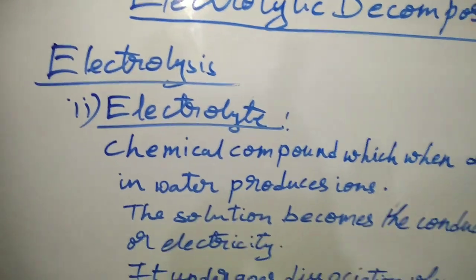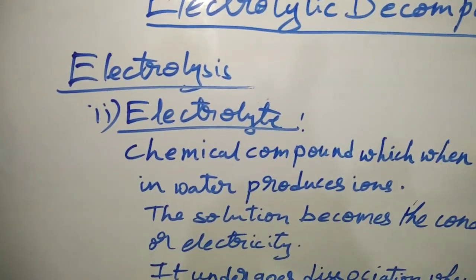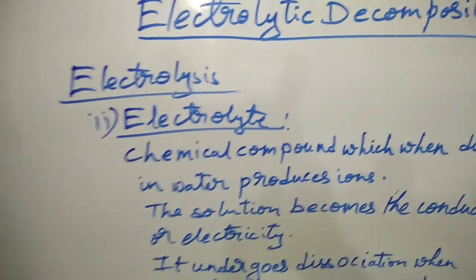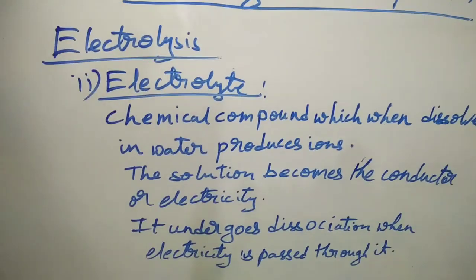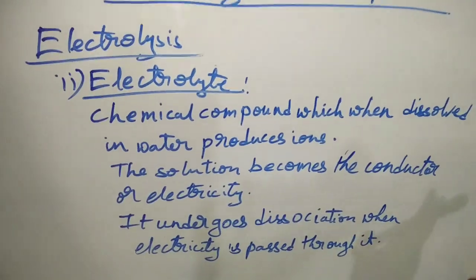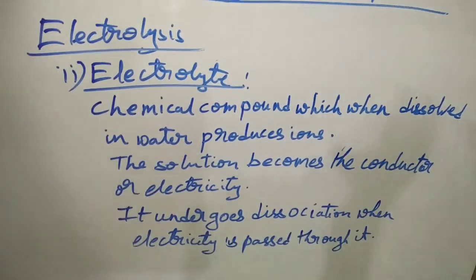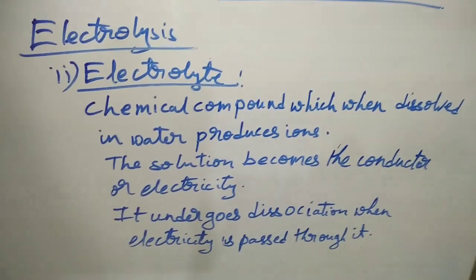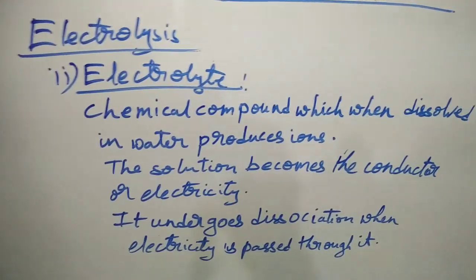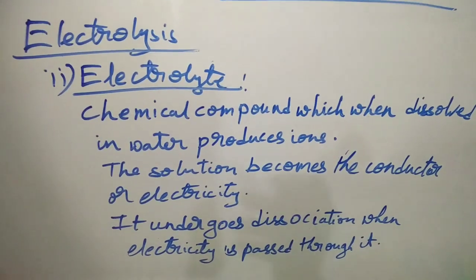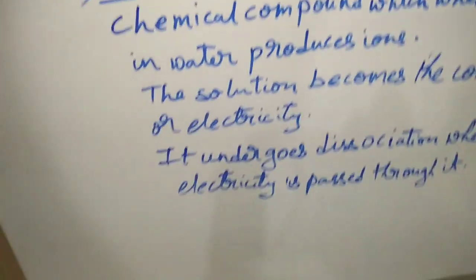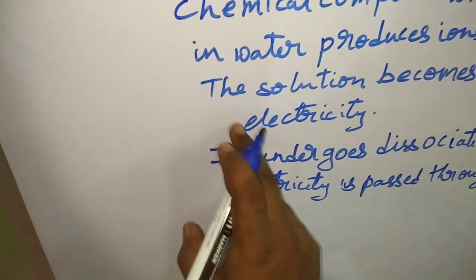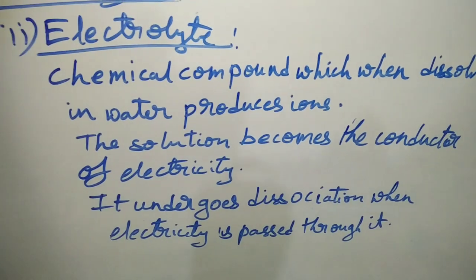Next is the electrolyte, the major component to carry out the electrolysis reaction. It is a chemical compound which, when dissolved in water, produces ions, that means cation and anion. The solution becomes a conductor of electricity.